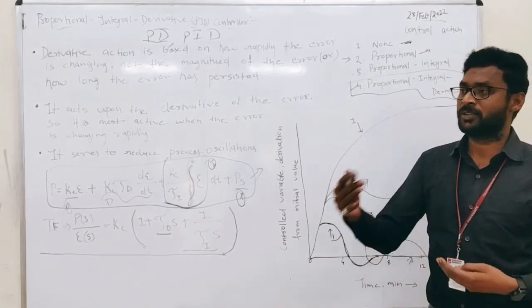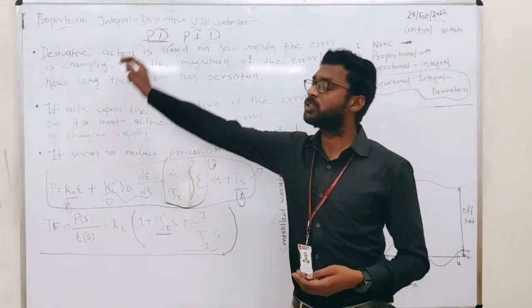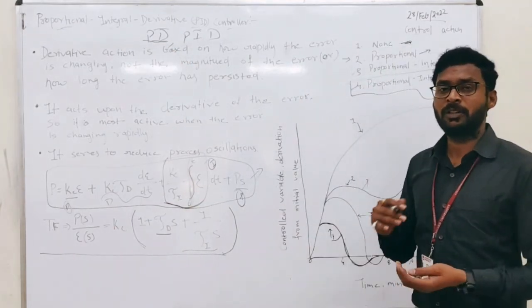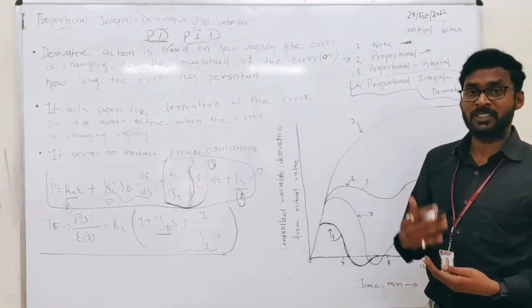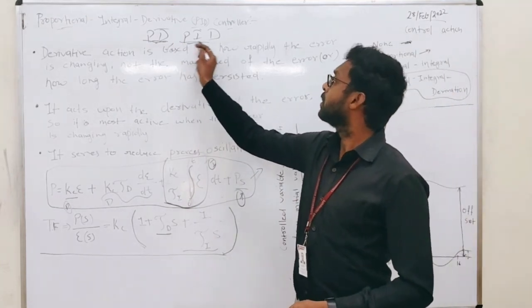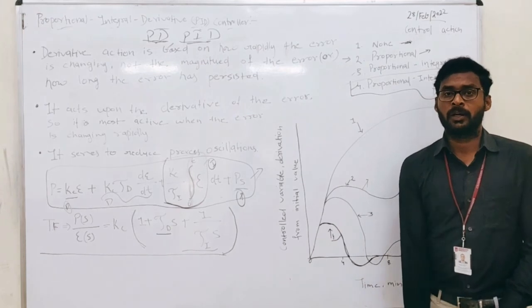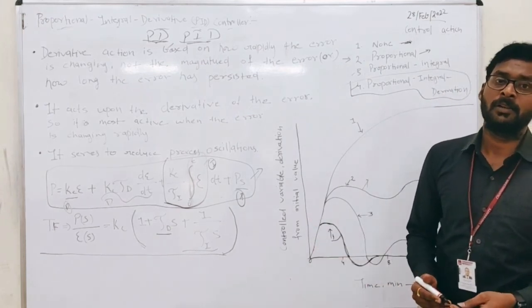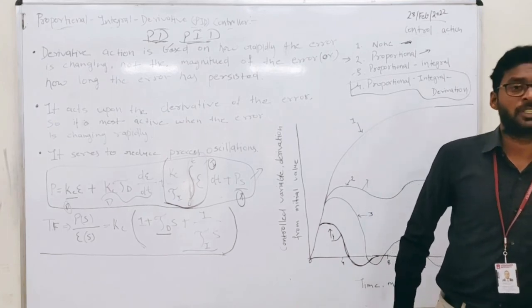When the process is in oscillation mode, with a lot of oscillations in the output, it removes that oscillation and brings it to the steady state. And the PID controller decreases the sensitivity as well as increases the stability. So mostly in industries, people choose these two types of controllers. I hope the concepts are clear, and in the next video we will see the experimental session of a temperature control process.